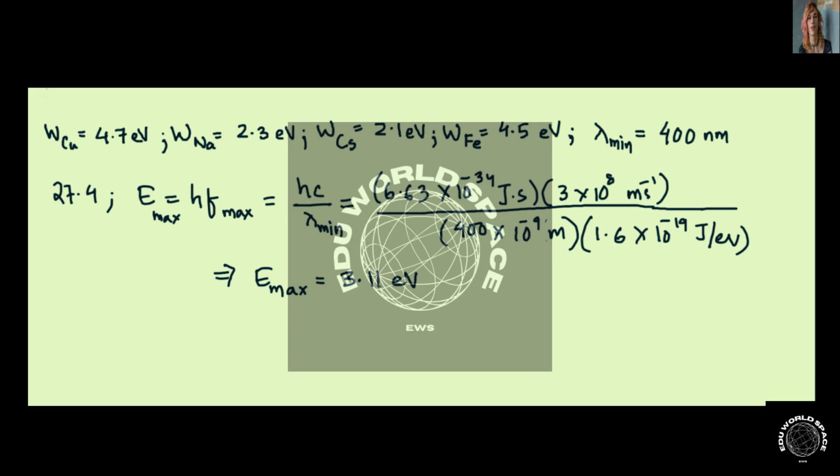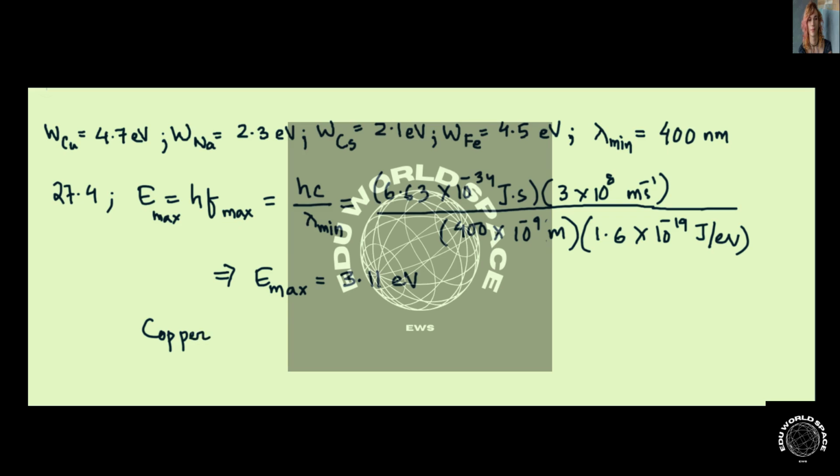Now we know that electrons will not be emitted if this energy is less than the work function of the metal. And this is the reason why we want the energy to be maximum in our case. So now let's compare this value of energy with the work function of our metals. We see that the metals with work functions greater than 3.11 electron volts are just copper and iron.